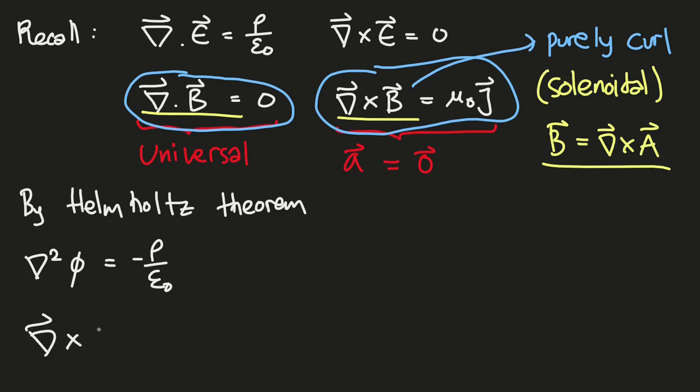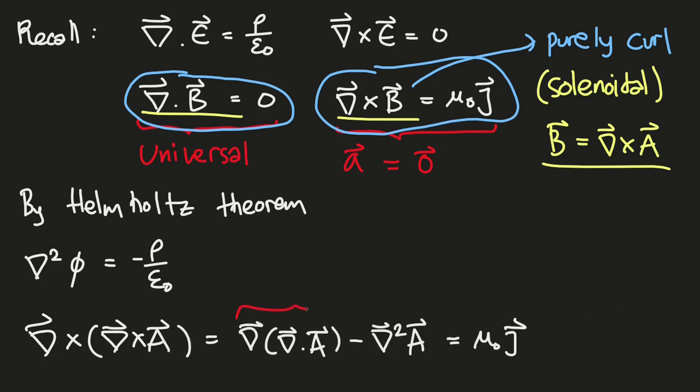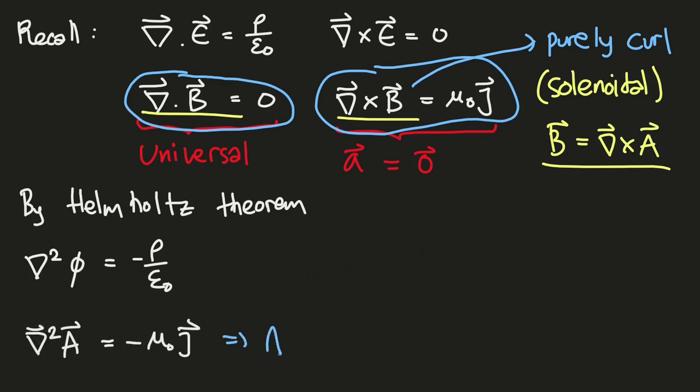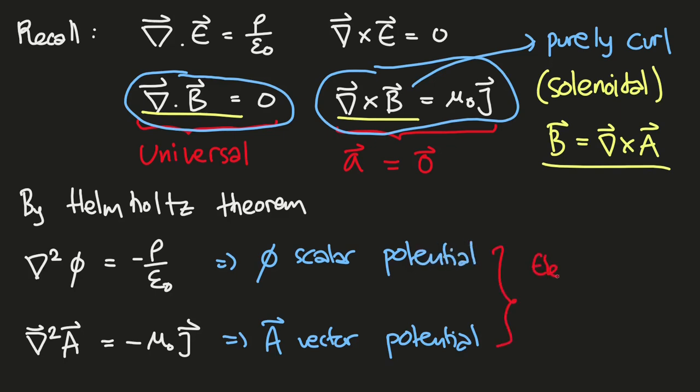By using the curl equation here, we will get this, and notice that we can choose here nabla·A equals 0, which still satisfies all these conditions, which will be our discussion in another video. And the result for all of them is this. Then we have the A vector as the vector potential and V as the scalar potential, or we summarize it as the electromagnetic potential.